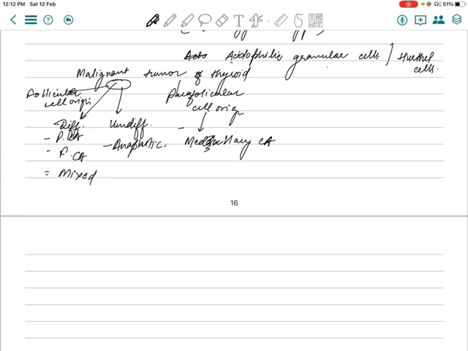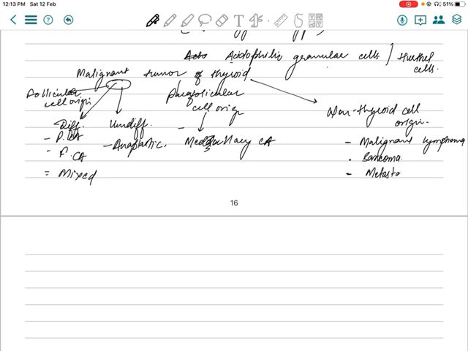Then there is another group, non-thyroid cell origin. There we have malignant lymphoma, sarcoma, and metastatic carcinoma.